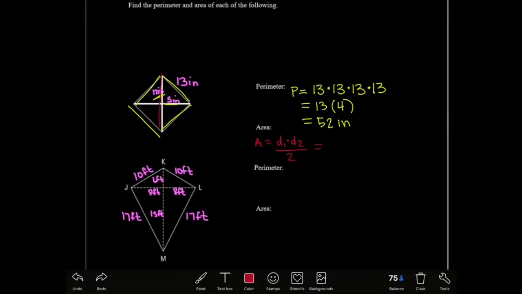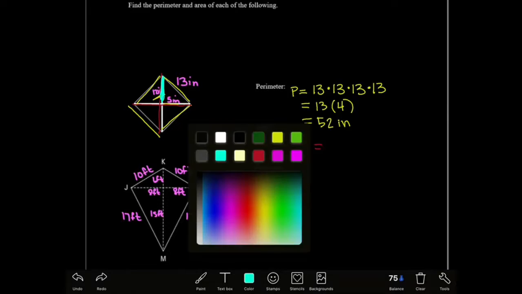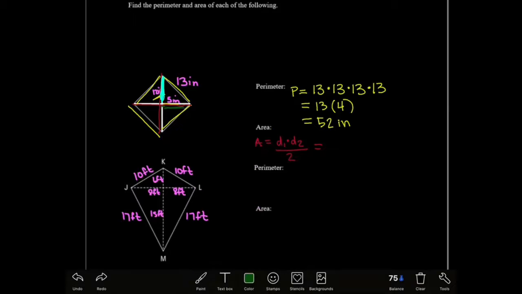So we have our two diagonals, and it tells us that this section here is 12 inches in blue, and this section I'm putting in dark green here, that's 5 inches. So we actually have to note that this is also 12 inches, and this is also 5 inches.